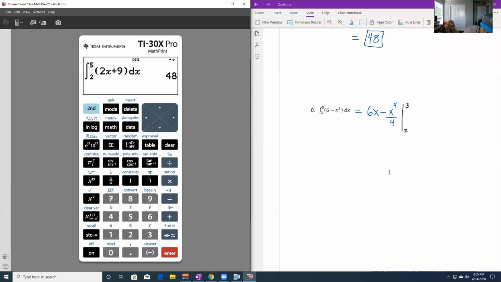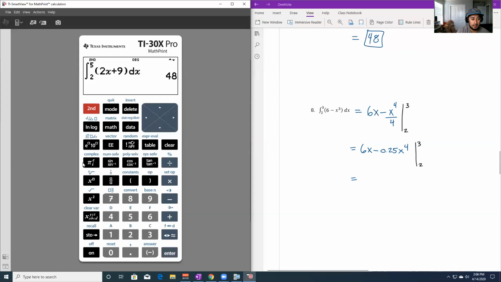I get 6x minus 0.25 x to the 4th, evaluated from 2 to 3. And like I said, after you've done the antiderivative by hand, go ahead, plug it in your calculator, use your table feature, use your integral feature. Let's get the answer.